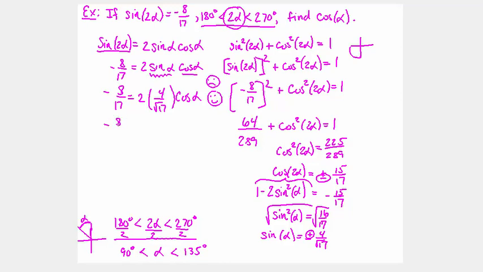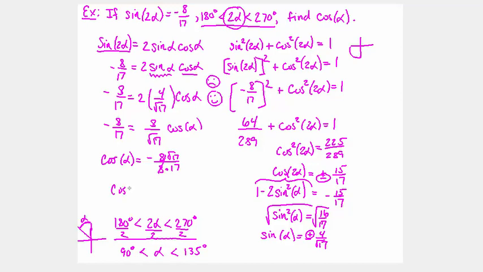This turns into negative 8 over 17 equals, if I multiply these together, 2 times 4 is 8 over root 17 times the cosine of alpha. And then if I just multiply by the reciprocal of this fraction, I should end up with cosine of alpha equal to negative 8 root 17 over 8 times 17, but then these 8's would cancel.